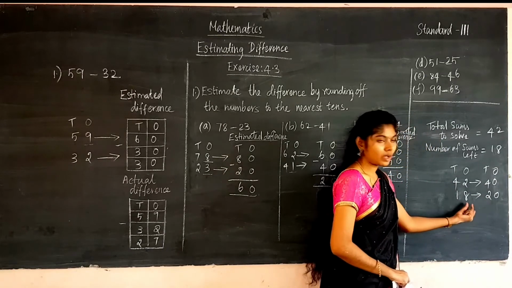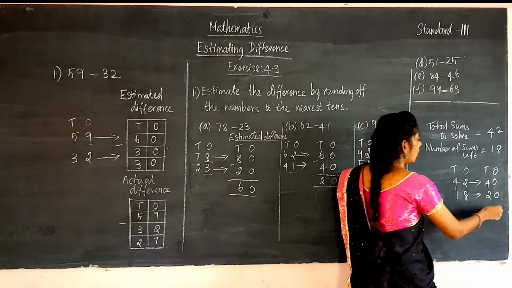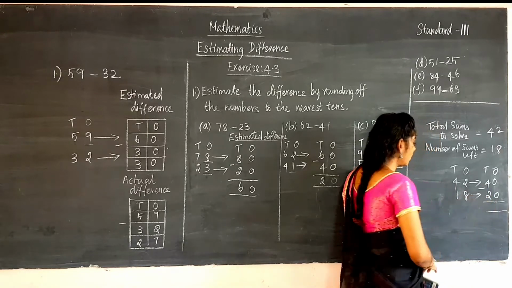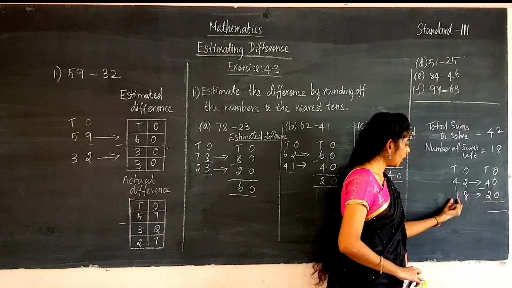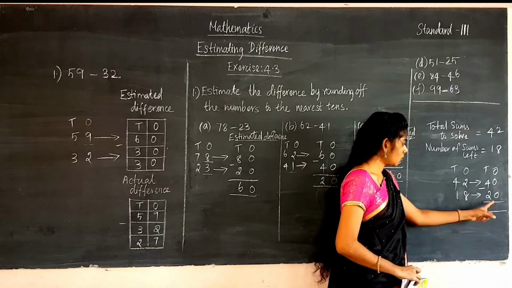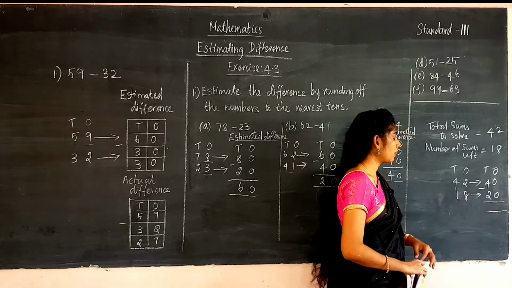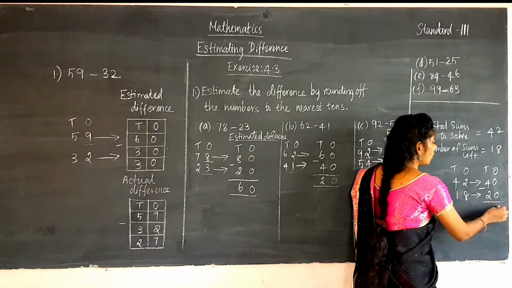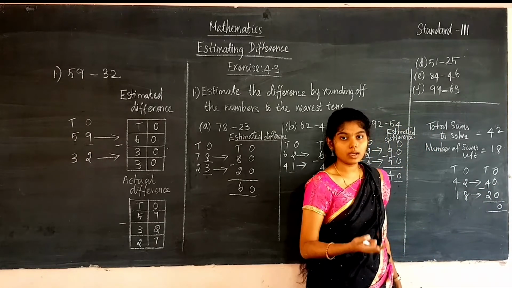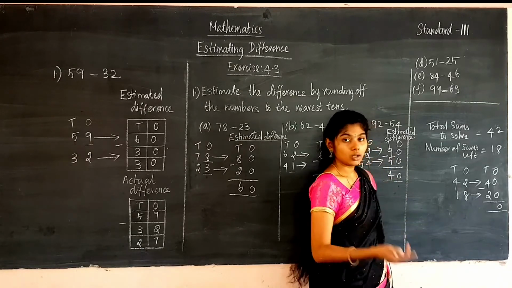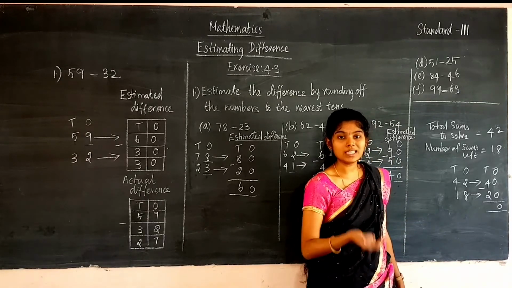Here I have checked the ones place number, written 0, and then added 1 to the tens place, so I got 20. Now we are going to subtract the numbers. 0 minus 0 is 0. 4 minus 2 is 2: keep 4 in the mind, 2 on the fingers, and count back, 3, 2.